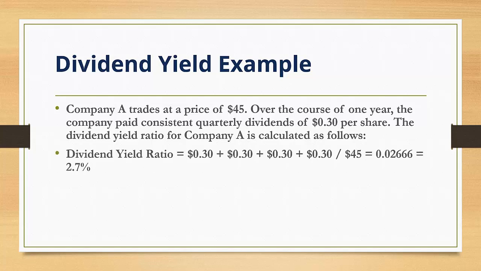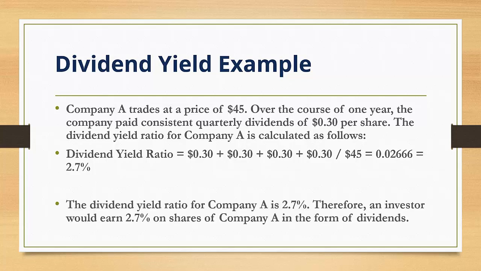First of all, we will add all quarterly dividends, and the sum of all quarterly dividends we will divide by the given share price. In our case, it is $45, and this will give us a percentage of 2.7. The meaning is that an investor would earn 2.7% on shares of company A in the form of dividends.